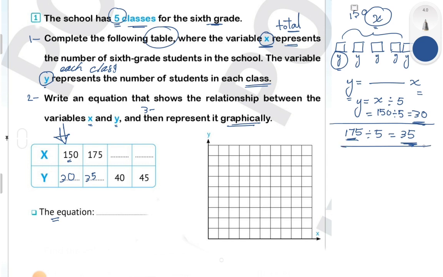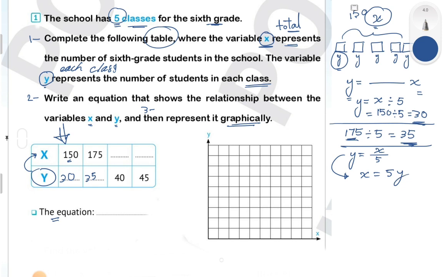Here we have the opposite operation. I know y and I need to find the value of x. Our equation says that y equals x divided by 5. The opposite operation will be x equals 5y.